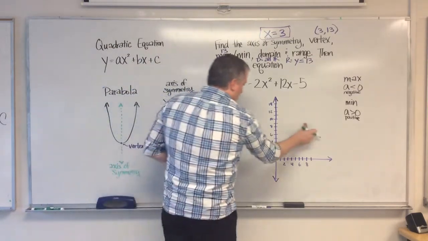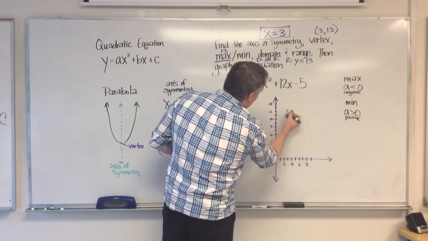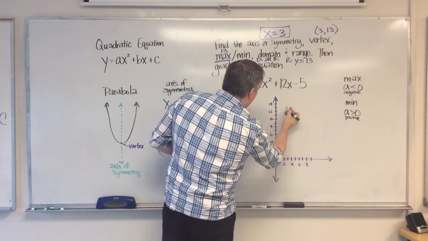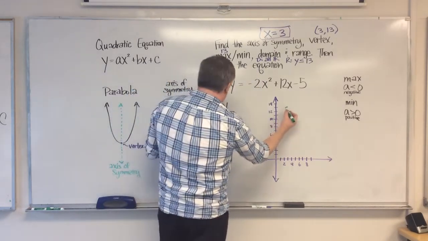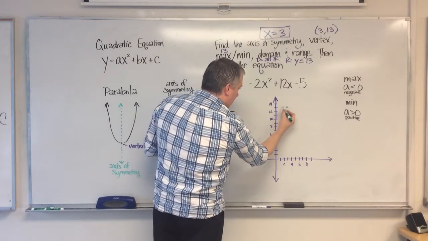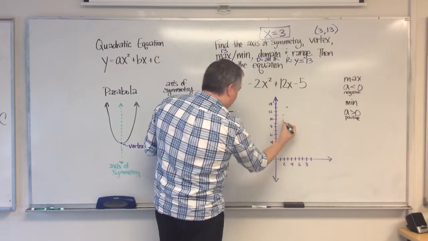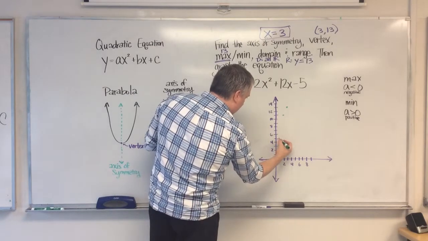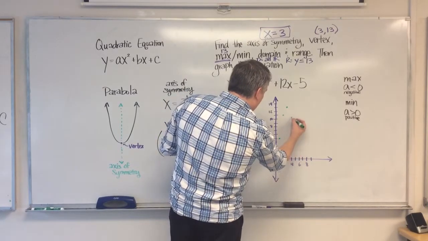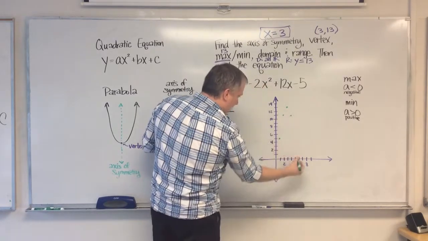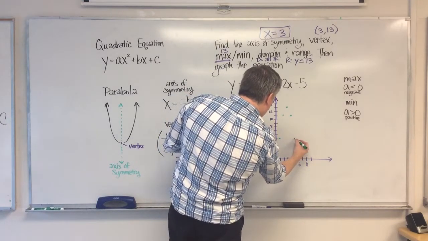And so I'm going to go to (3, 13). (3, 13) is about right there. And then graph all these other points. So we've got (2, 11), (1, 5), and then we've got (4, 11), and (5, 5), there-ish.